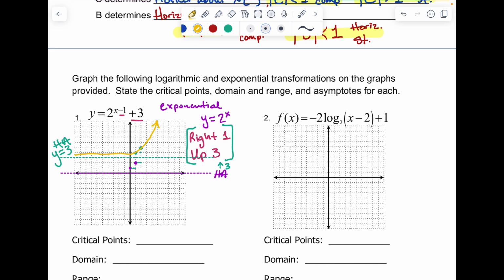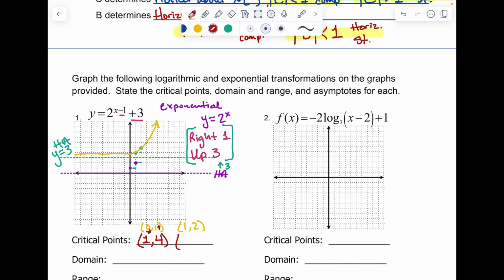So not too bad. The critical points, like we said, were 0, 1, and 1, 2, but after the transformations, the up, down, and the left, right will affect these. If it goes right 1, that 0 will become a 1. If it goes up 3, that 1 will become a 4.